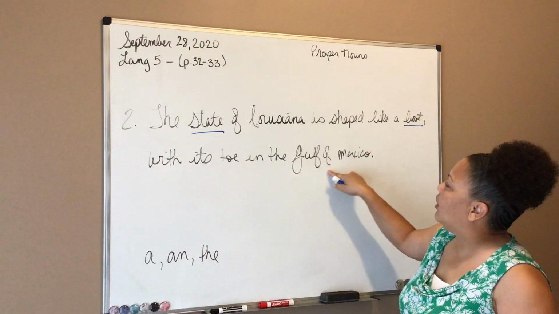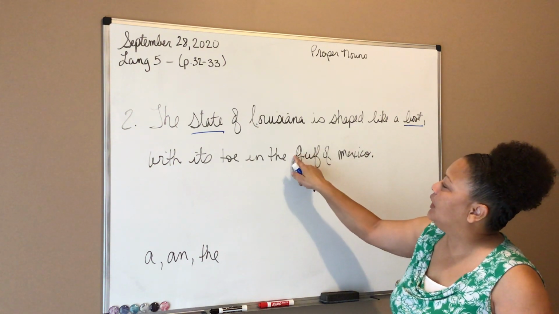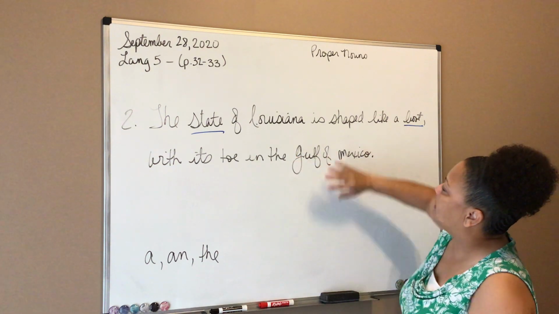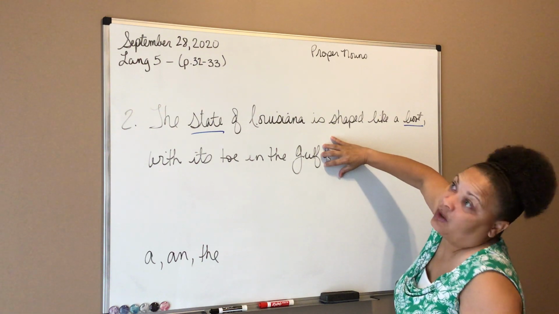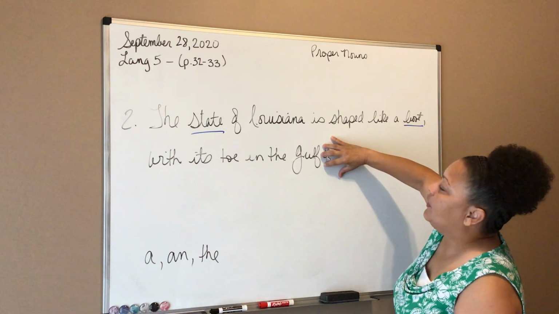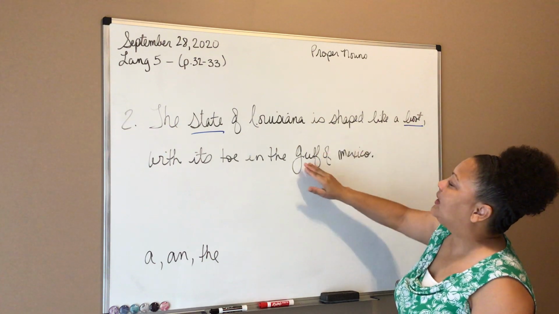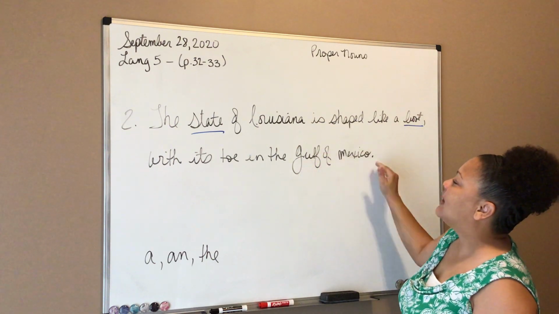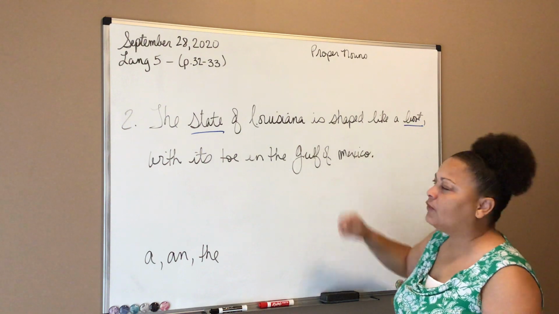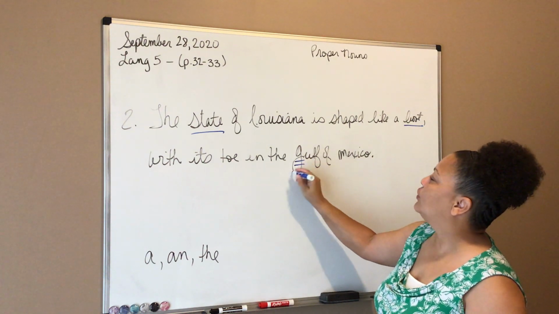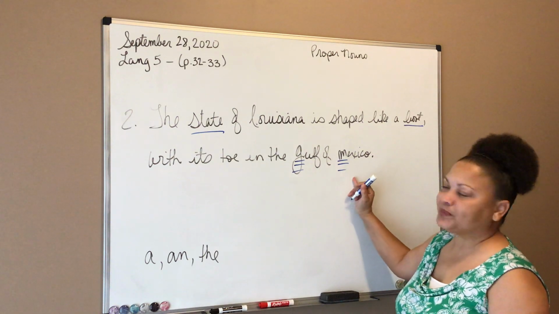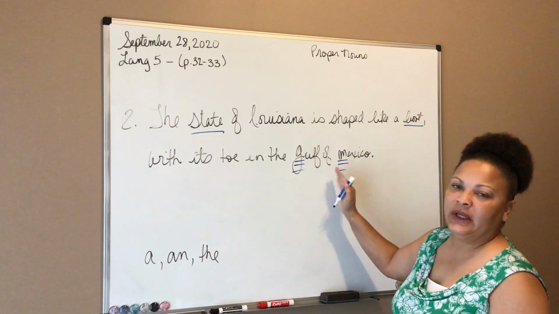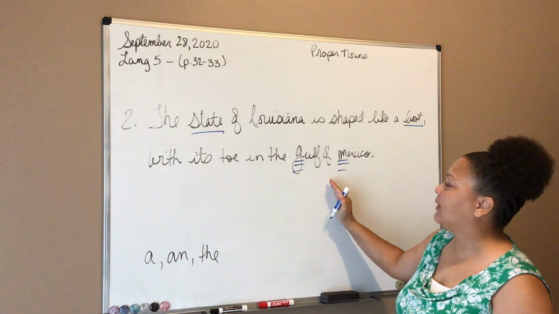Now, when we look at Gulf, if it was not of Mexico, just a Gulf, some Gulf, not a particular Gulf, then it would be common. But because it's the Gulf of Mexico, it's a specific Gulf, we are going to capitalize Gulf and Mexico. Of is a two-letter word, does not need to be capitalized, right?